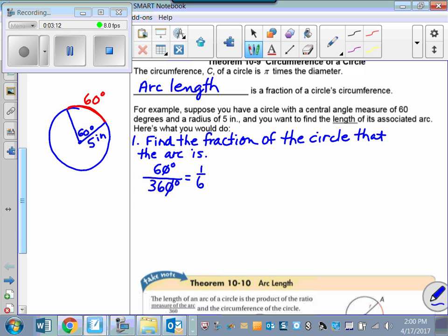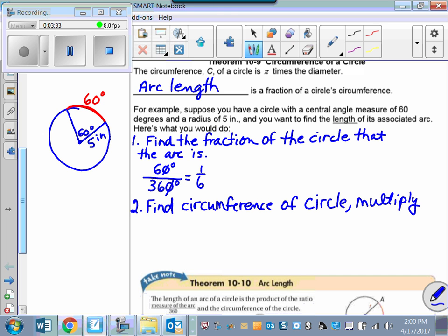So then how do I find out what its length is? Well, I got to find the circumference, right? I find the circumference of the circle and then multiply it by 1/6, and I'll have the length of the arc.